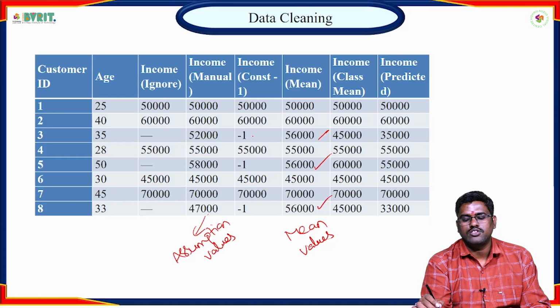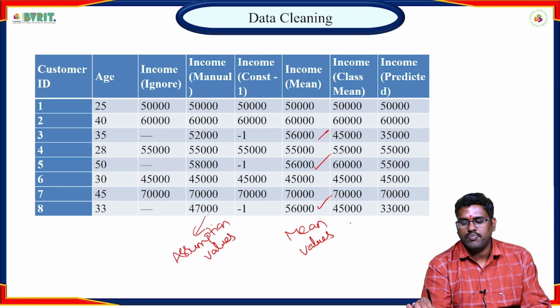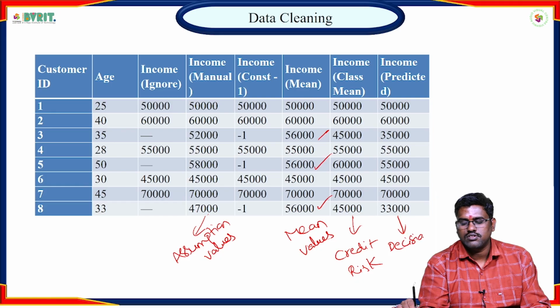And then that value is to be replaced with the mean value of the given wage income values, and then this one is to be replaced based on the credit risk. In future we are calculating this income based on this prediction. So prediction means we have to implement this with decision trees.